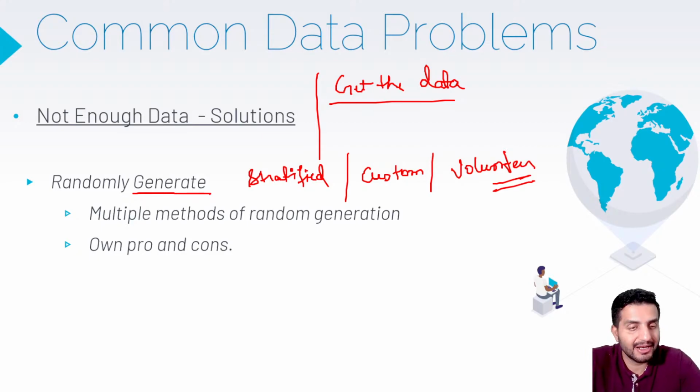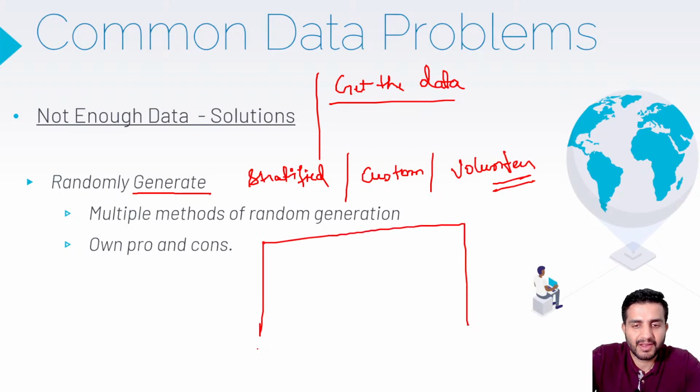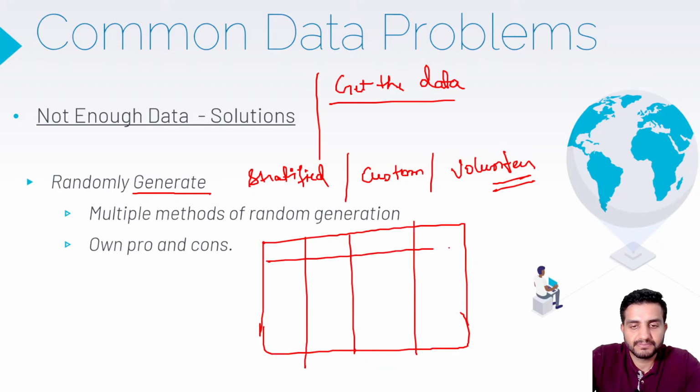When I say random generation, it could be anything. Suppose my data looks something like this. I have an Excel file. I have columns like A, B, C, D, and it's like 10, 12, 13, 14.